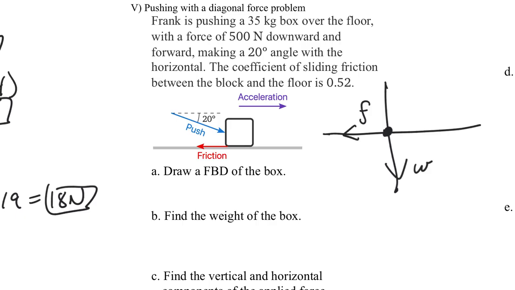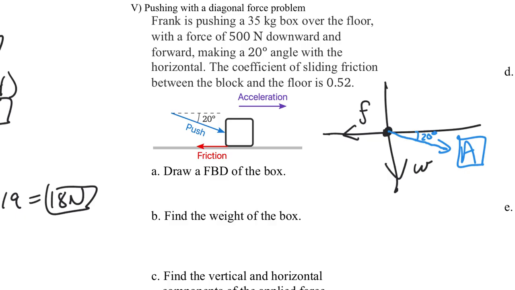Have the tail of the arrow always touching the box, the object. So let's draw it right. So right here is the push. I'll call that the applied force. Okay? And that's 20 degrees right there from the horizontal.